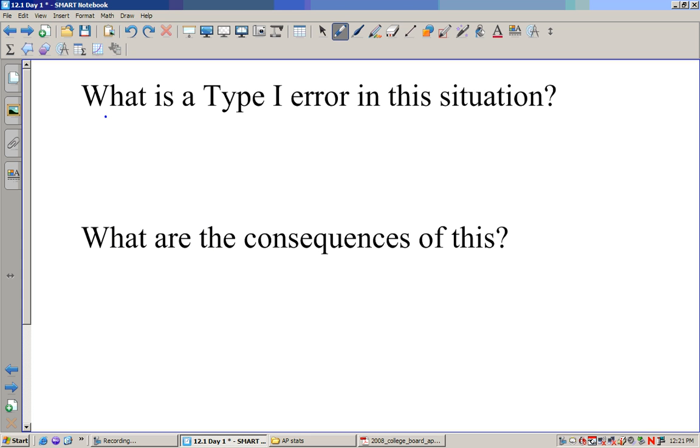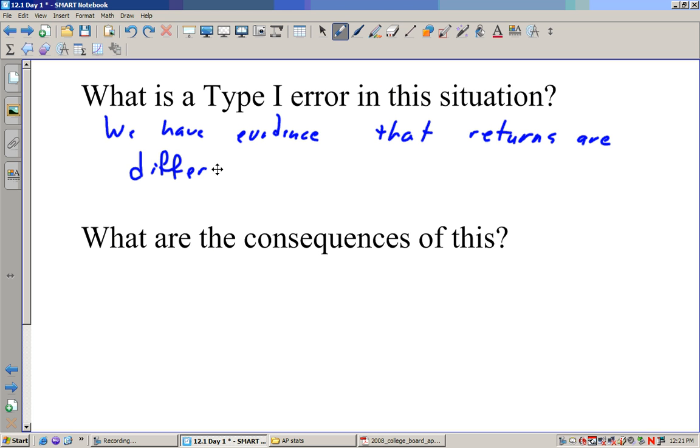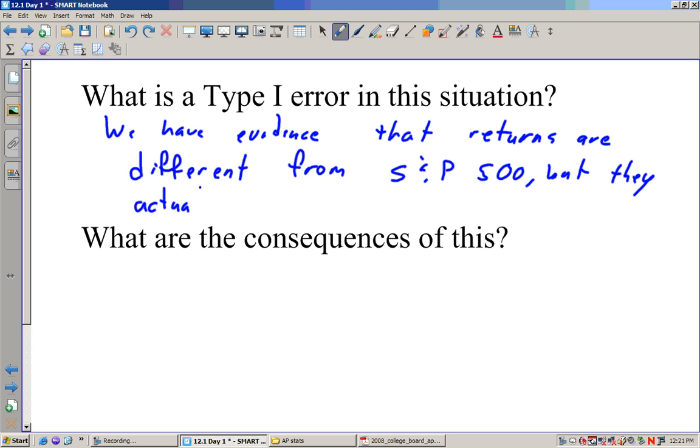So we have evidence that returns are different from the national average, or the S&P 500, but they actually are equal.